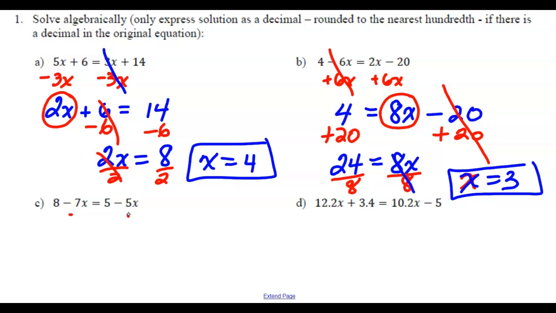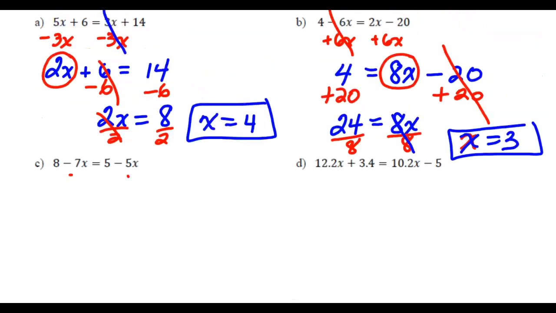So I'm going to add 7x to both sides. So that will go away. So I'm left with 8 equals 5. Now negative 5x plus 7x is 2x, so plus 2x.